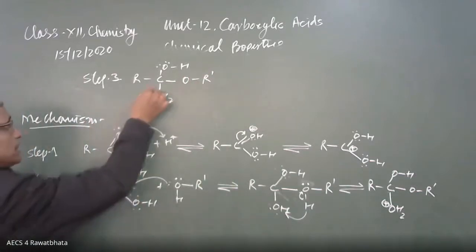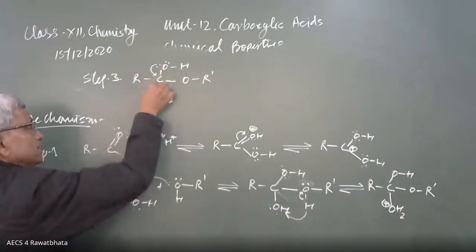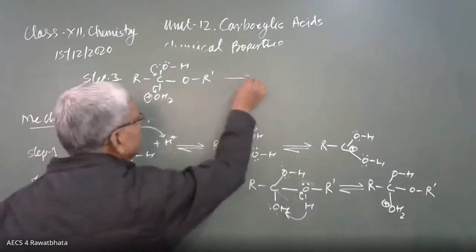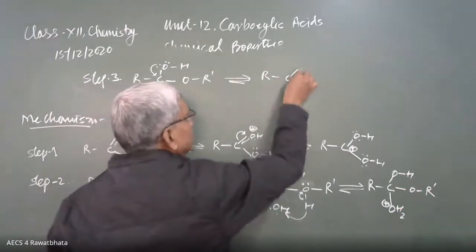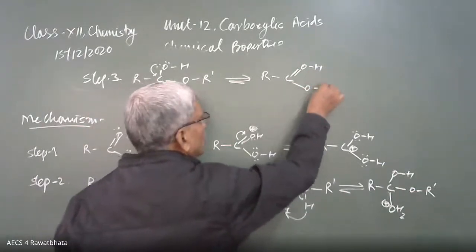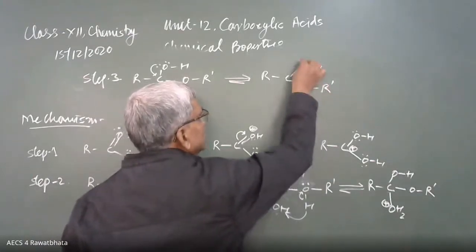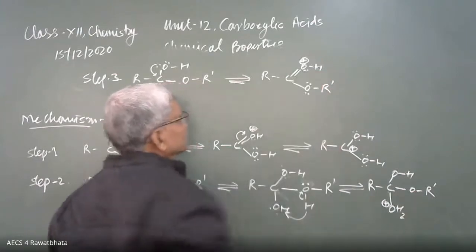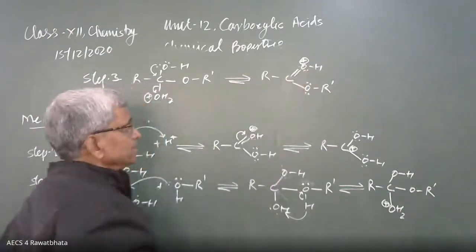So this electron pair shifted to this side, and this OH2 comes out in the form of H2O, forming R bond C, here the double bond OH, and here OR dash. This oxygen has a pair of electrons, and here also a pair of electrons, one pair with the positive charge, because the pi electron shifted toward this side, so there is a positive charge over oxygen.